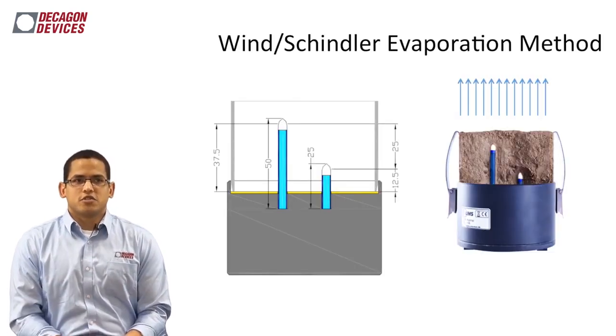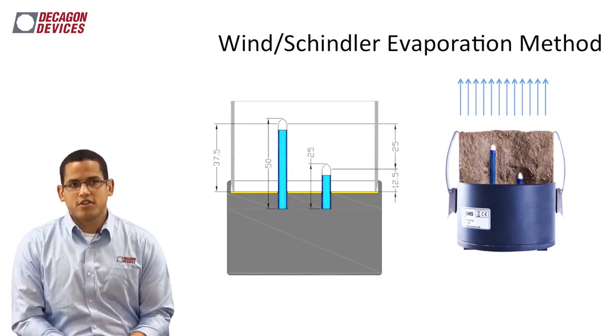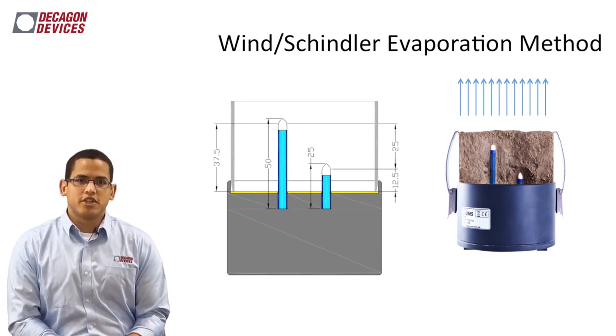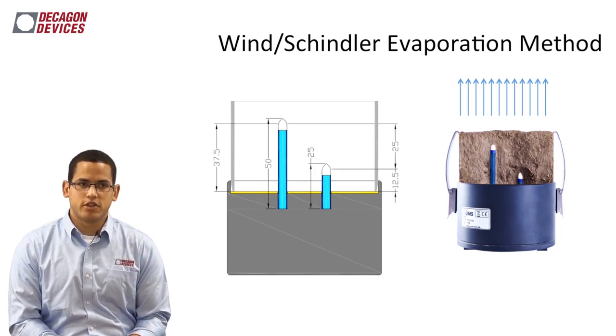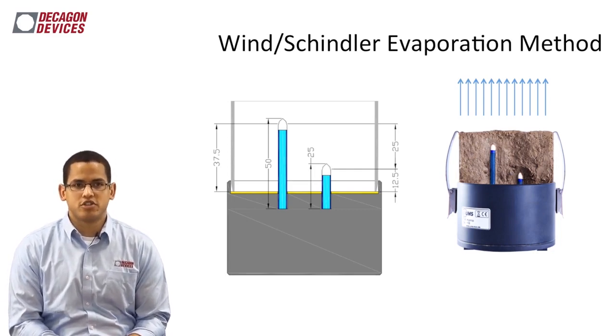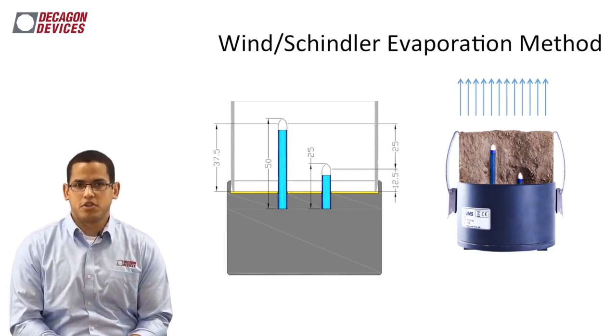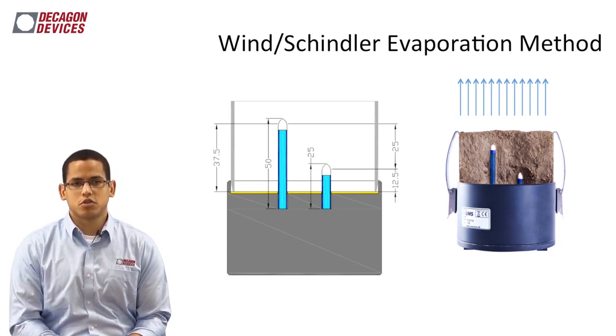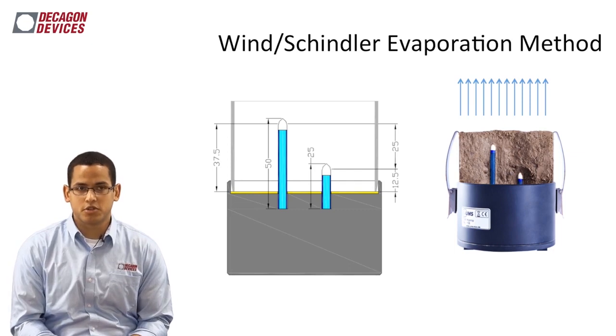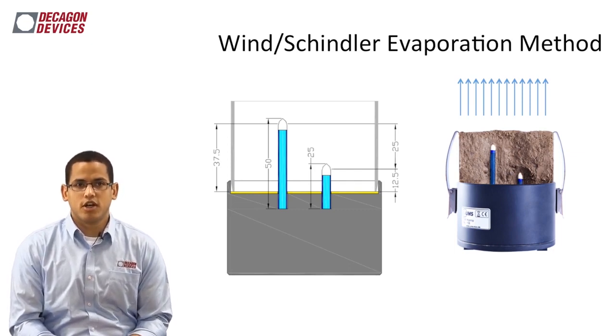So first, I want to talk about the Schindler evaporation method. Essentially, when using the Schindler evaporation method, we have a device with two tensiometers at different points within the soil. We are measuring the change in soil suction, or the change in water potential, as the soil sample naturally dries at the surface.